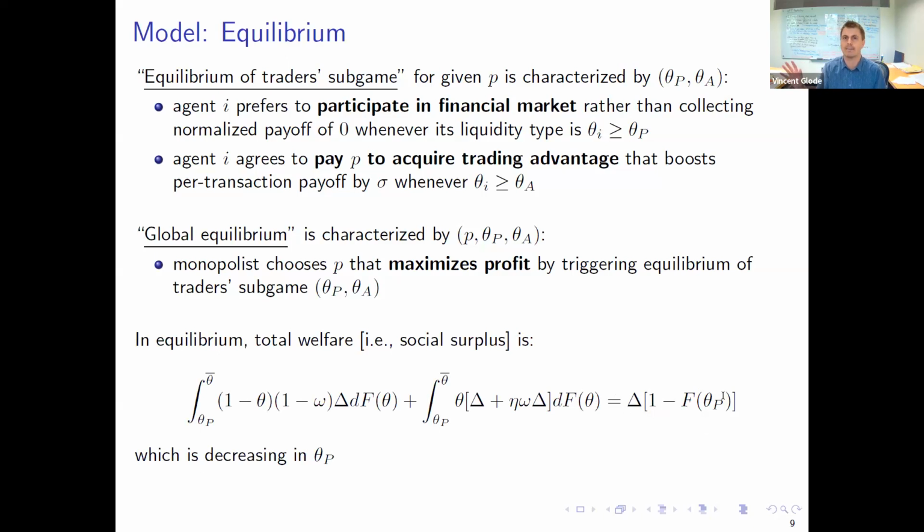As simple as that. This will be decreasing in theta P, because remember, theta P is a cutoff above which, if your type is above it, you participate. We want as much participation as possible if we want to maximize total welfare.